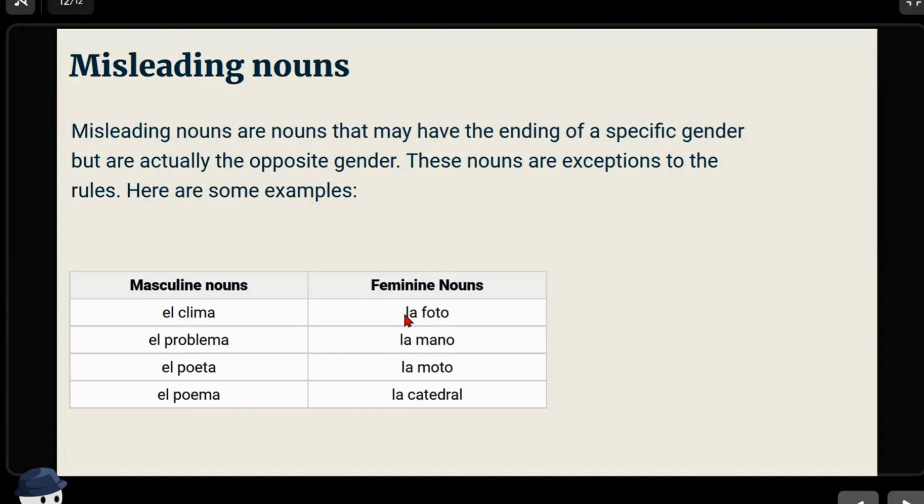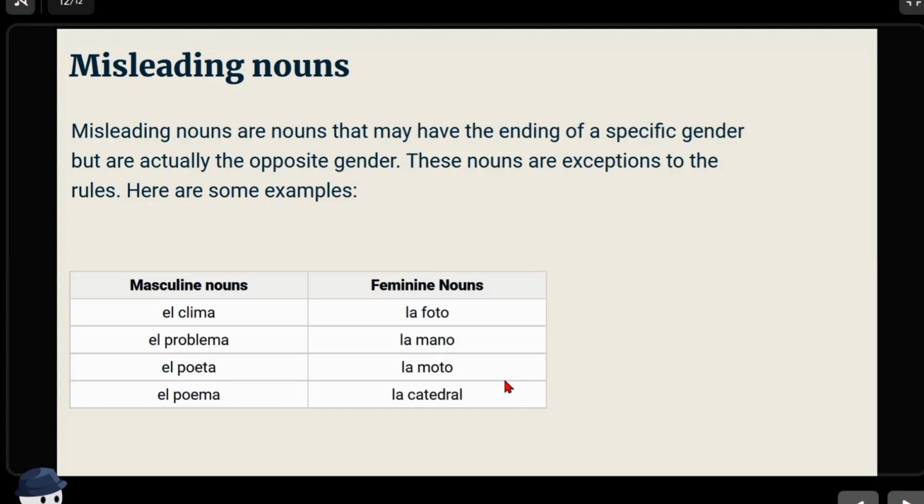So I think that might be why it's la foto. La mano, the photo is a picture, and la mano, which is hand, la moto, which is like a motorbike, la catedral, which is cathedral, right? So this is just a few of the misleading nouns.